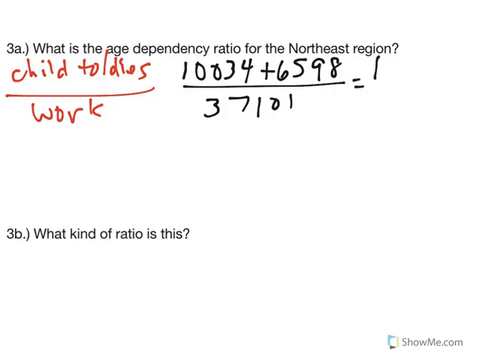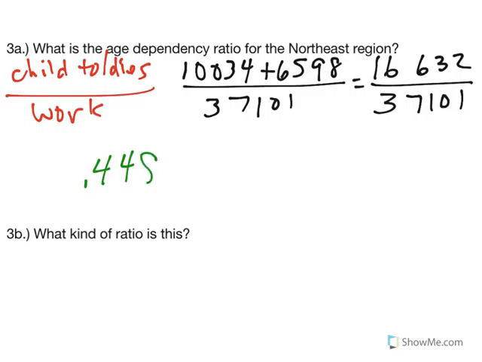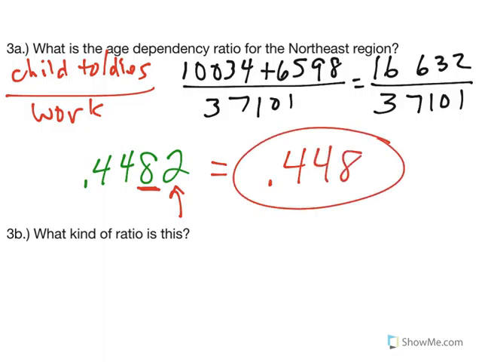That gives me a numerator of 16,632 compared to 37,101. When I divide that, I get 0.4482. 8's my thousandth place, so I look at 2 rounds down, 0.448. And that is my age dependency ratio. Again, part to part. The numerator is part of my population, the denominator is part of my population, and therefore this is a part-to-part ratio.